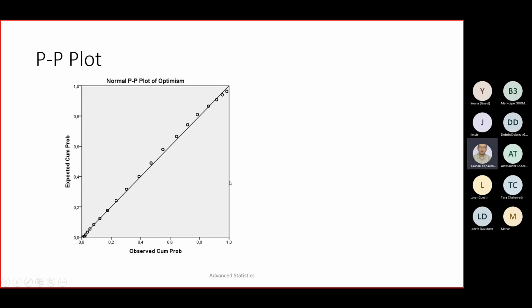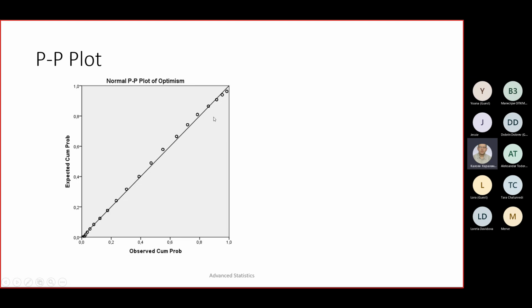Here we have this straight line, which represents normal distribution, and these points represent the empirical distribution. If these points are on the line or close to the line, then we could say that these two distributions are identical or very close.